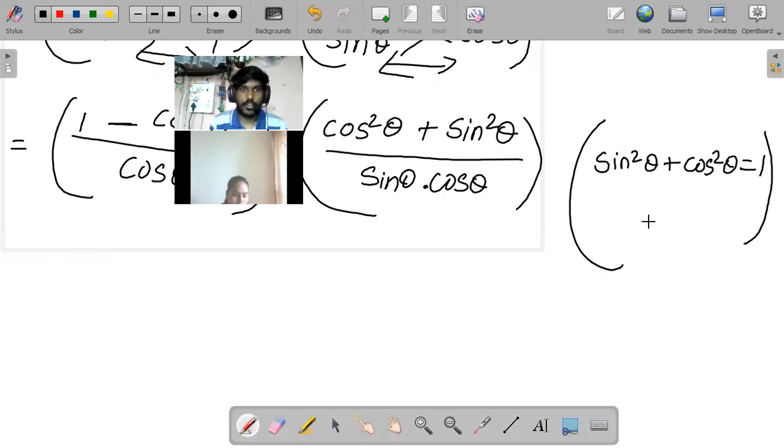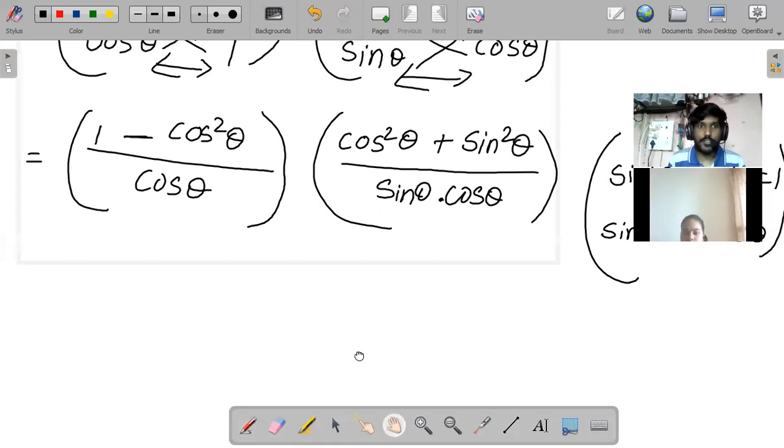One more thing about this formula is that we can rearrange it. Take sine square theta on the other side, take cos square theta on the other side. When cos square theta went to the other side, it became minus. So 1 minus cos square theta. Did you understand? Okay.